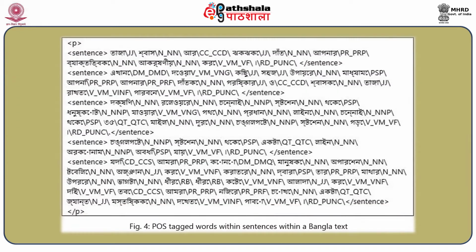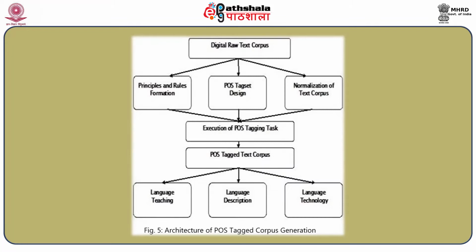The third part starts with marking words in the text, which can be done either automatically or manually. If you refer to figure number 4, I have given full details of how words in a text are marked with different parts of speech markers. The whole process can be summed up in that way. Then we get the output of a tagged corpus. If you refer to figure number 5, it shows how a digital raw corpus is handled.